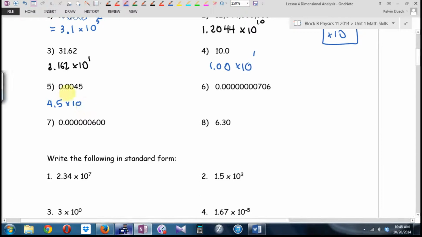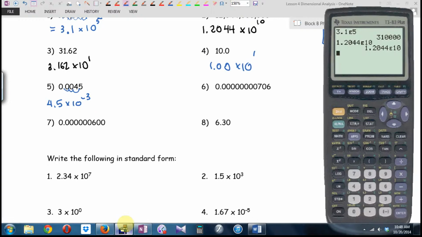So again, we're going to go like this. 1, 2, we moved the decimal 3 decimal locations, but to show that we're getting smaller, it's 10 to the negative 3.